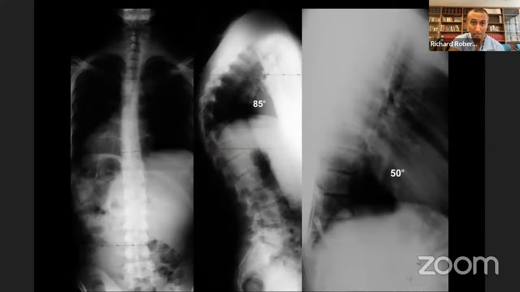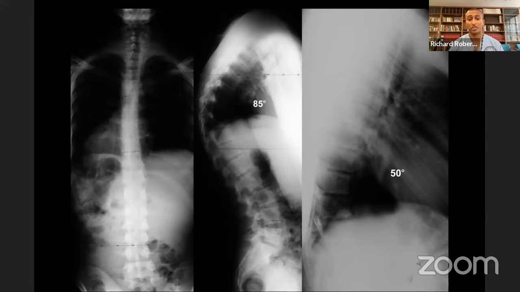goes on to highlight a more recent technique using posterior only instrumentation. Here we see a patient with a flexible deformity, so they have an 85-degree thoracic kyphosis, again centered around T8 to 9, and using an extension bolster, we can see that we are able to achieve 50 degrees pre-op of correction.